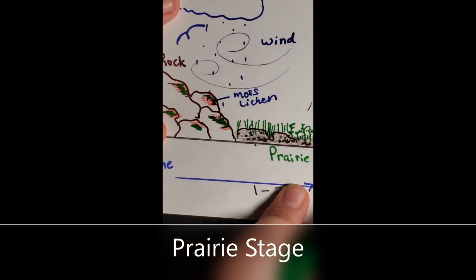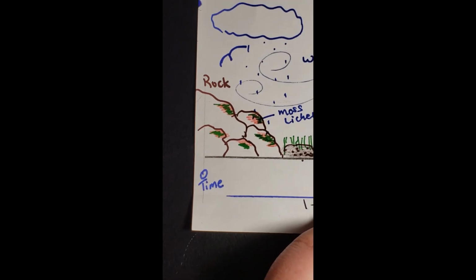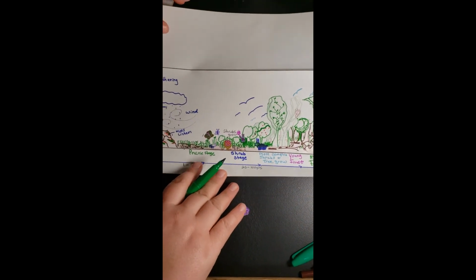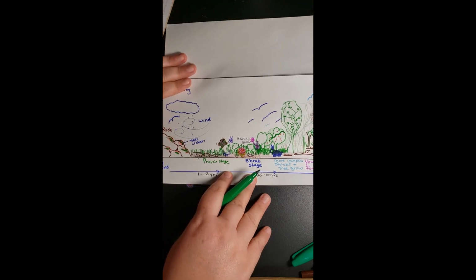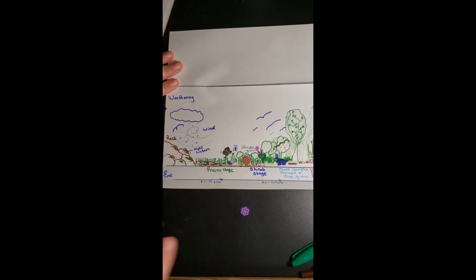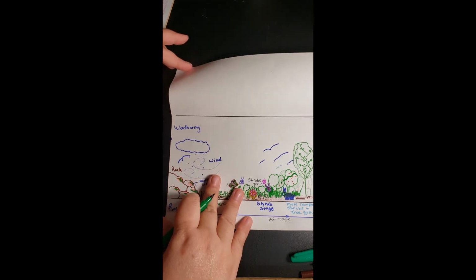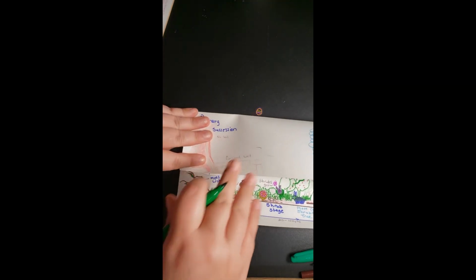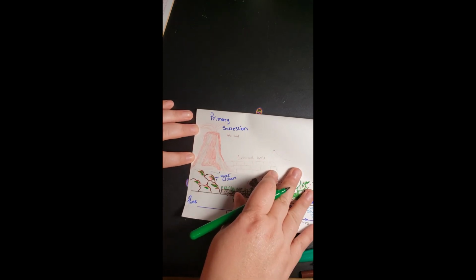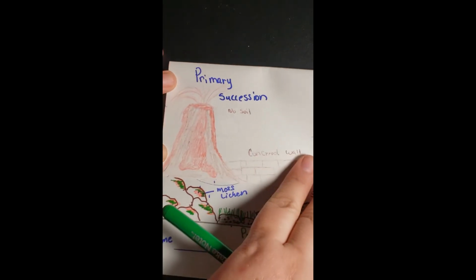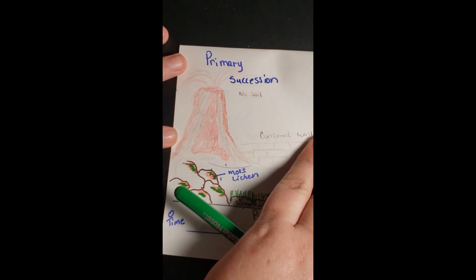So this that you have seen from the very, very beginning is what we call primary succession. Primary succession could have started with our volcanoes, with the early stages of our rock formation.